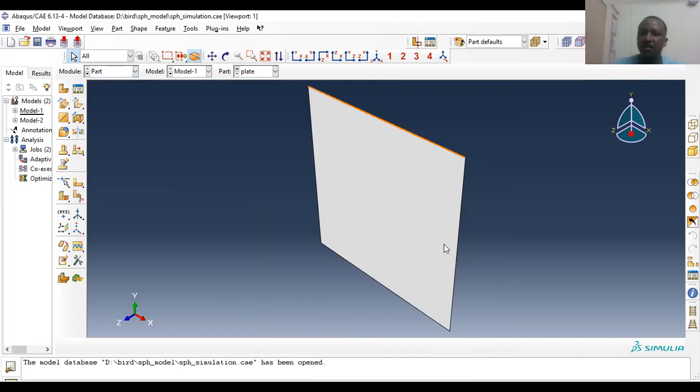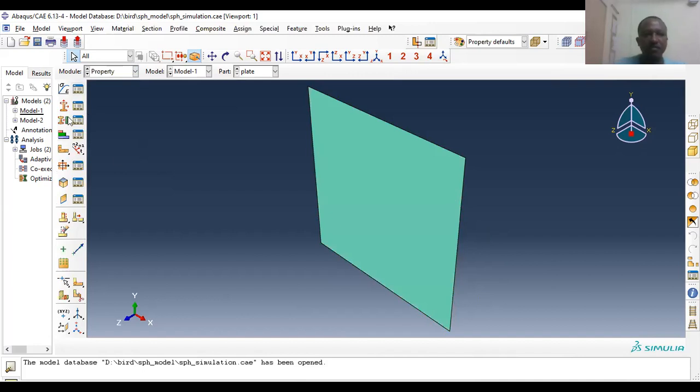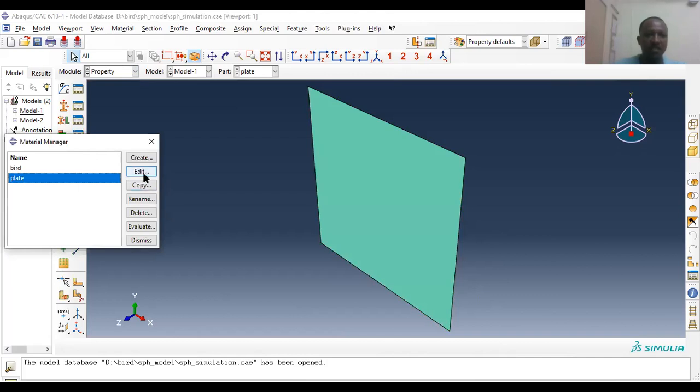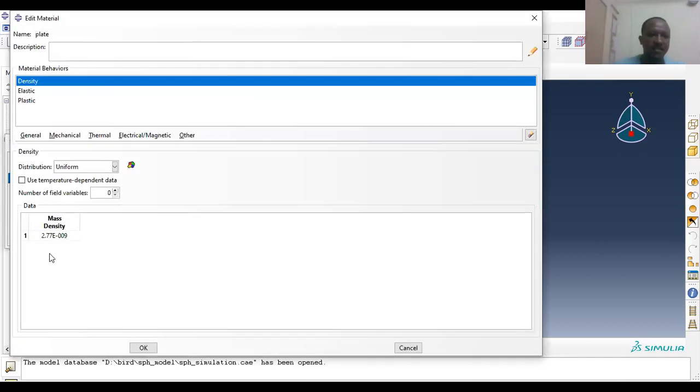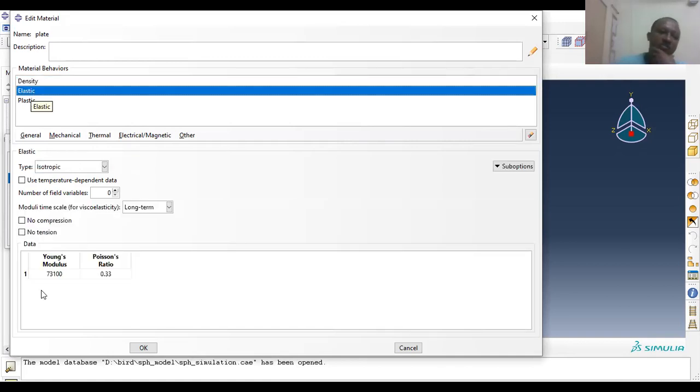A square aluminum plate is taken, with 100 by 100 dimension, and then the material property of aluminum is given. The density of the aluminum plate is 2,770 kilogram per meter cube, and the elastic property of aluminum is given here.